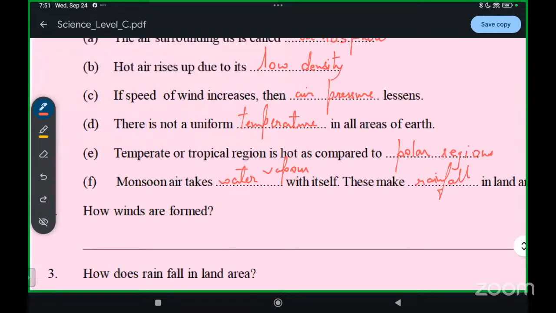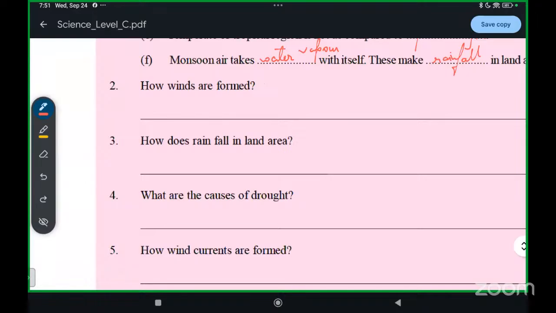Now tell me, how are winds formed? Ma'am, I think winds are formed due to uneven heating of the earth surface by the sun, which causes difference in air pressure. Air moves from high pressure areas to low pressure areas, creating winds.